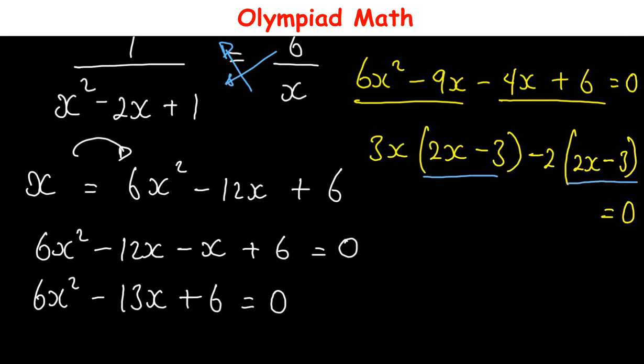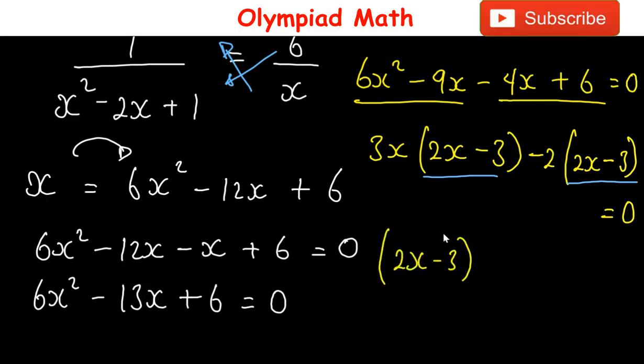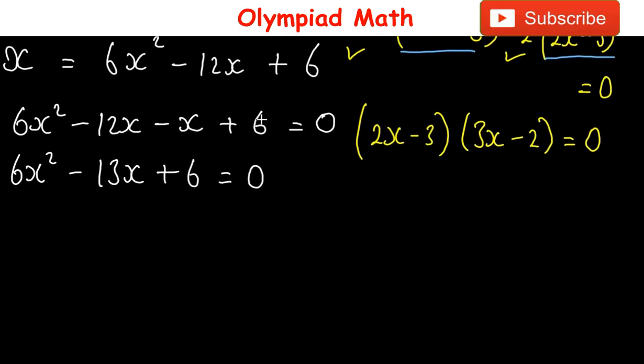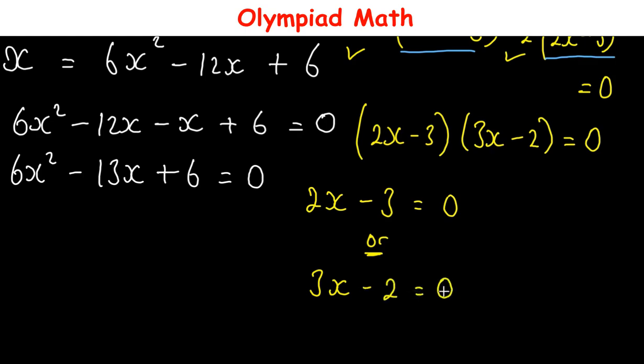So we pick 1 in brackets (2x - 3), then we have 3x and minus 2. So (3x - 2), and this equals 0. So we can then equate this to 0, so that we have 2x - 3 equals 0, or we have 3x - 2 equals 0.